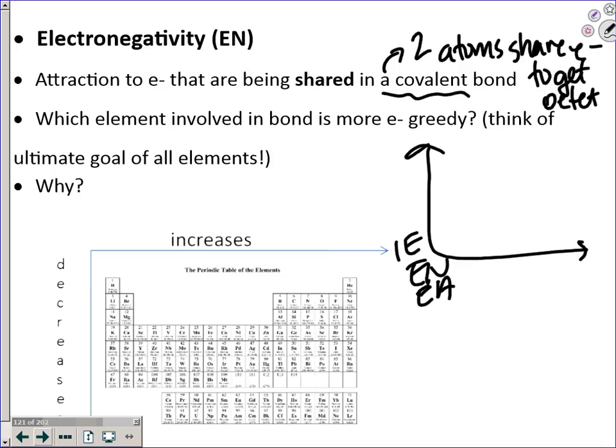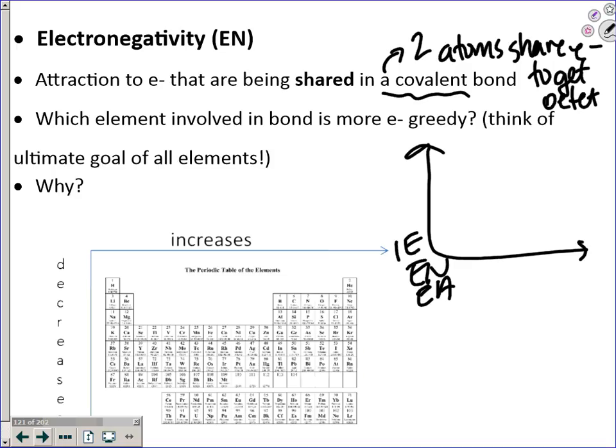Because even if I'm sharing an electron, I can still count it as my own because I'm holding on to it. I can still consider that a part of my octet. Just like if you were holding the same electron, you can consider that part of your octet, even though neither of us have it. We're just putting it between us.